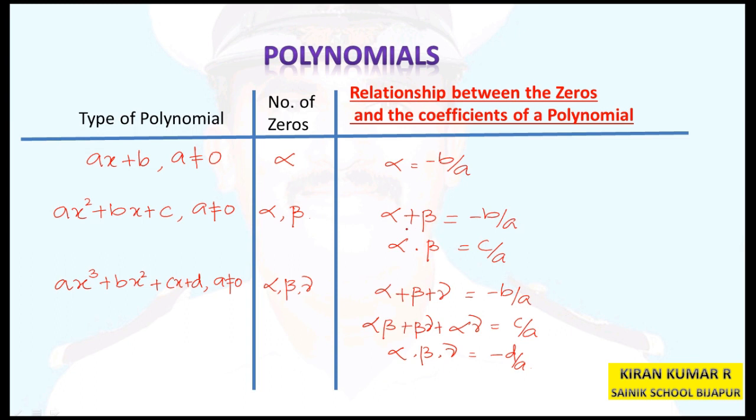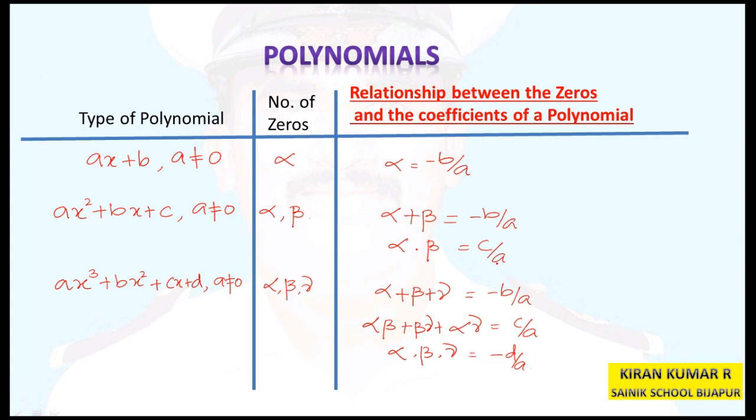Here you look at this quadratic polynomial. The number of zeros are 2, alpha and beta. The sum is alpha plus beta, which is equal to minus b by a. What is this b? It is the coefficient of x and a is the coefficient of x square.